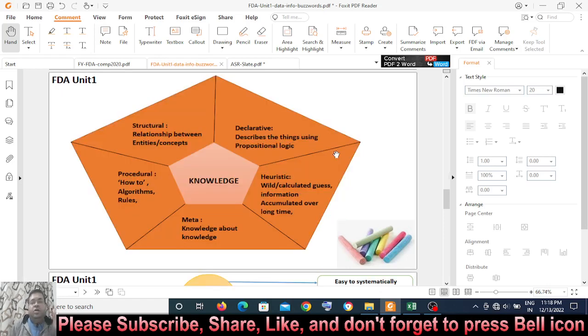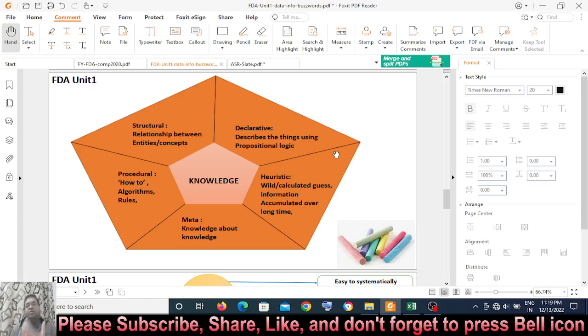Here, the other people say that knowledge is of five types. These are scientific people. Generally, these five types of differentiation of knowledge happen in artificial intelligence.